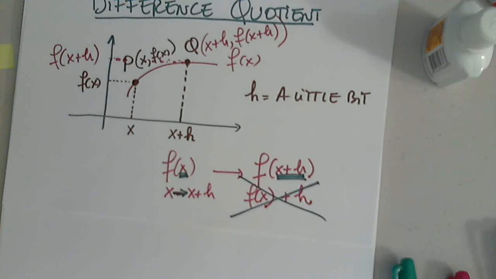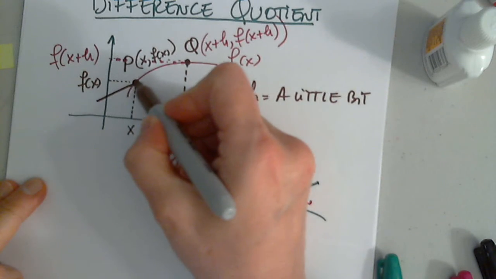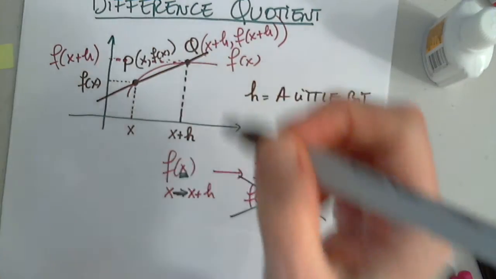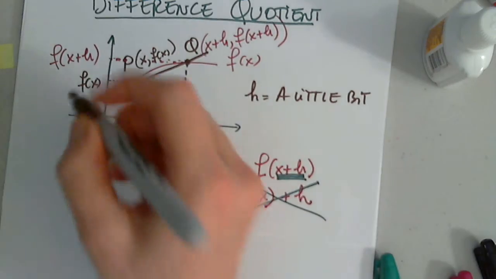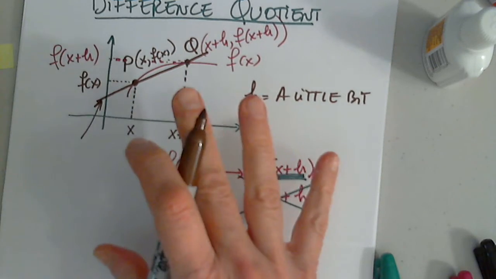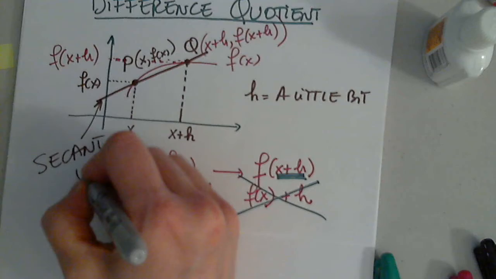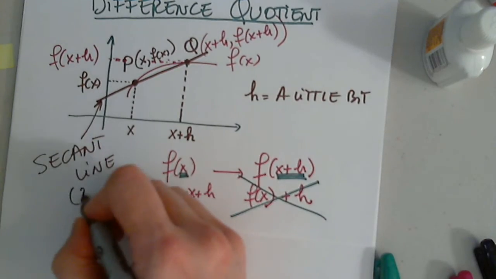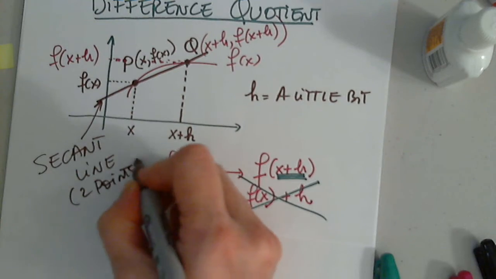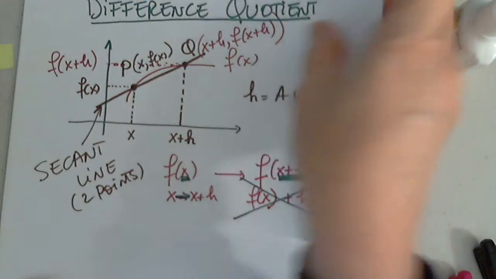Okay, so at this point, I'm going to draw a line that crosses the function in 2 points, point P and Q. This has nothing to do with trigonometry. It's called a secant line because it crosses the graph in 2 points. There is also something called a tangent, also nothing to do with trig.